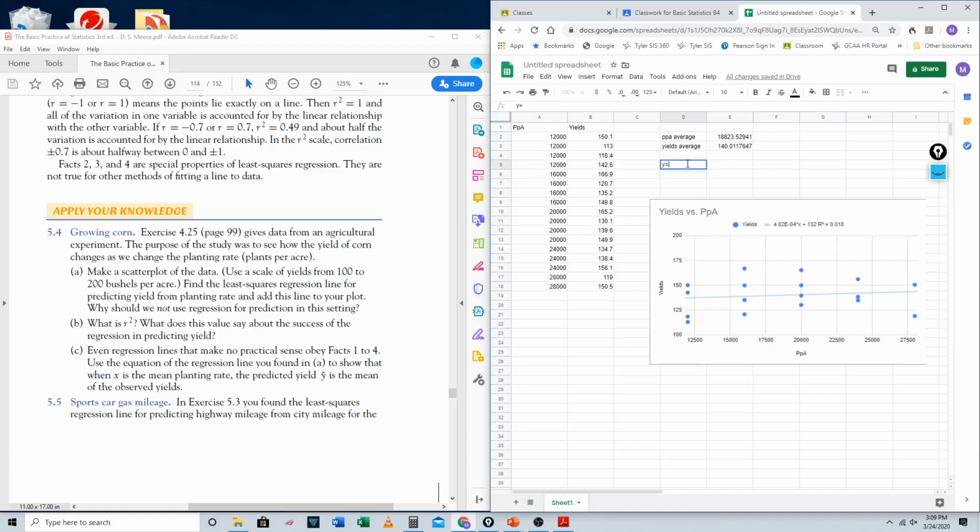It says y is equal to 0.402 times 10 to the negative 4th power. That's scientific notation. That's how small that is. So let's do 132 plus 0.000402 times x. And that is your equation.